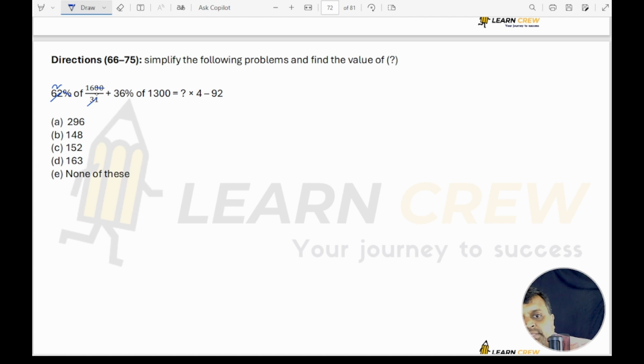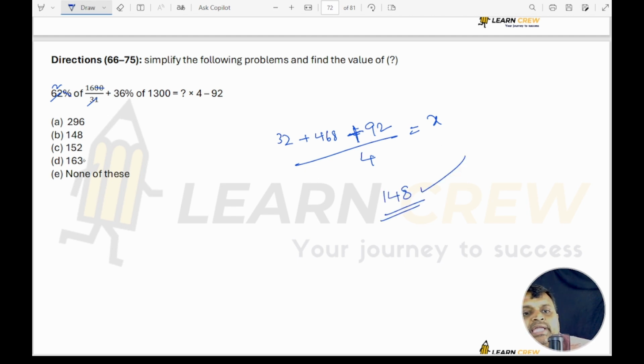Percentage, 2 zeros cancel. So I will get 2 into 16, 32. 36% of 1300, 13 times 36 are how much? It is 468. Plus 32, plus 92 divided by 4 is equal to your question mark. 468 plus 32 is 500. 592 by 4 is 148. So answer is 148.